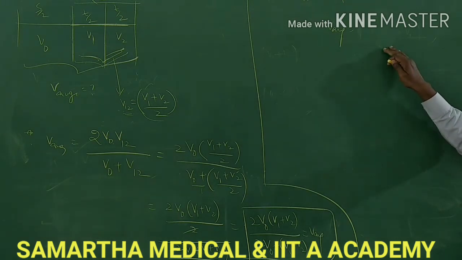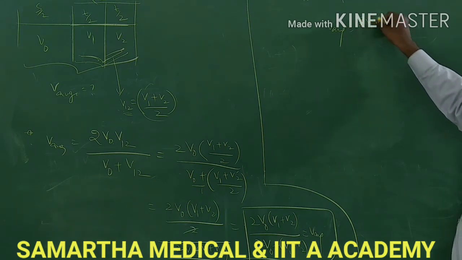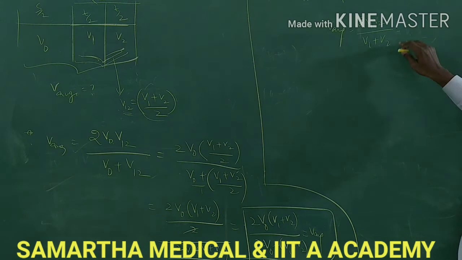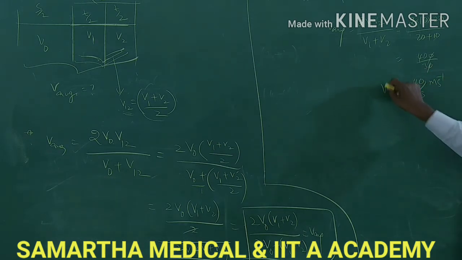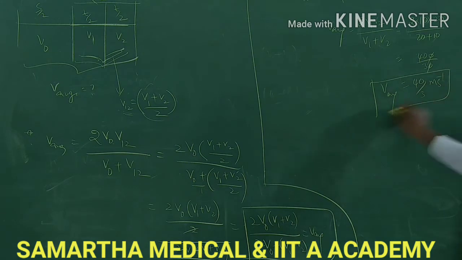So then what is the average speed? 2V1V2 by V1 plus V2. So 2 into 10 into 20 by 20 plus 10, 10 plus 20. How much? 400 by 30. 40 by 3 meter per second. Okay.